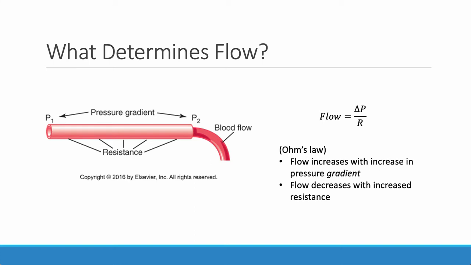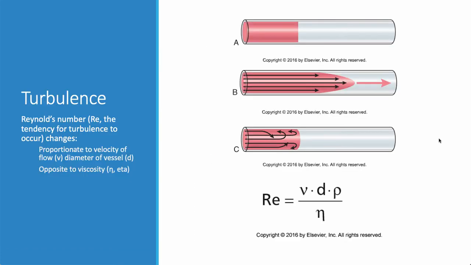All right, so you don't have to be able to do the math here, but you have to remember that anything that's above the line has a direct relationship with flow, and whatever's below the line has an inverse relationship. That's an important thing to remember.